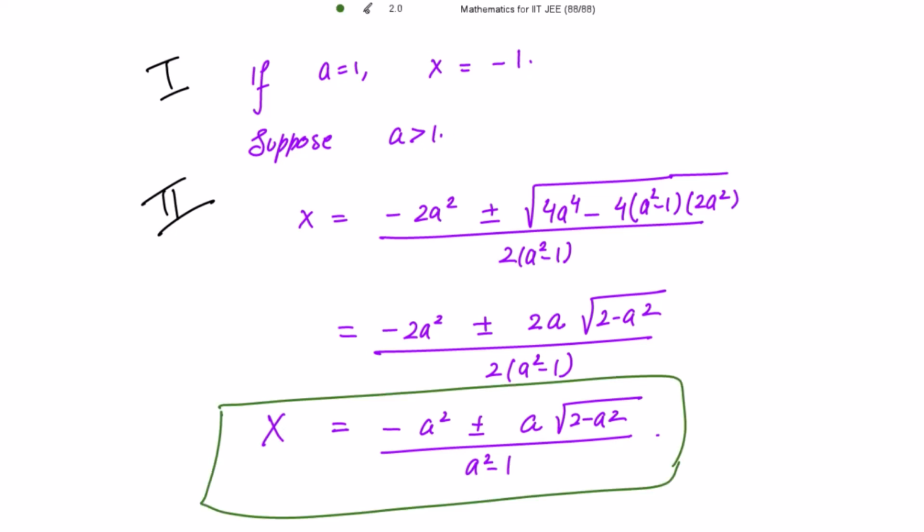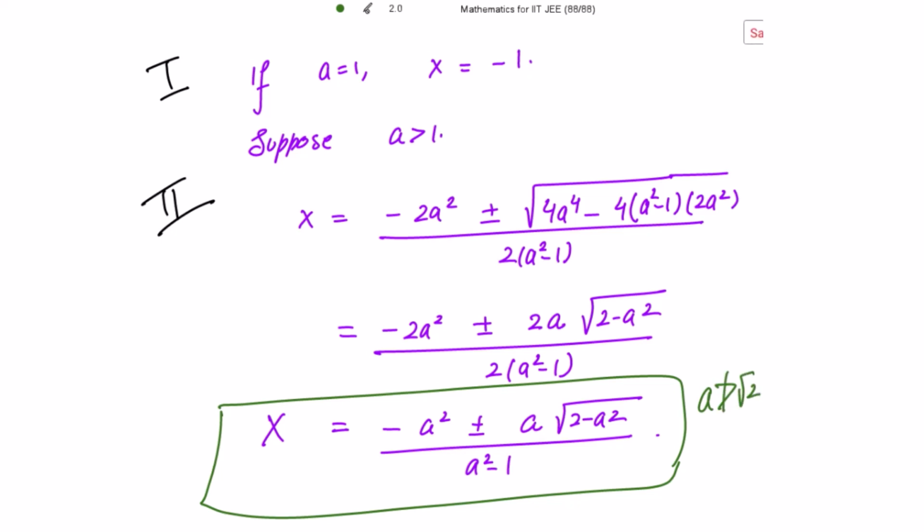Okay. Now in the bracket, I'm having 2 minus a square, and the term under the square root cannot be negative, right? So if I take the value of a to be square root 2, then I'm getting 0 inside the square root. I should not get a negative number inside the square root. For that, a should not be greater than square root 2.